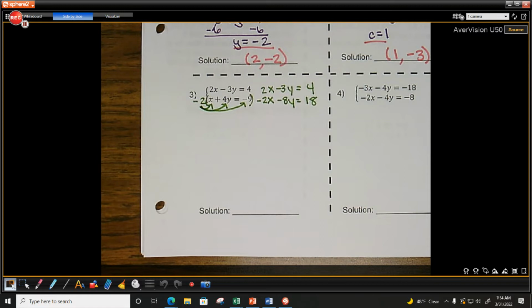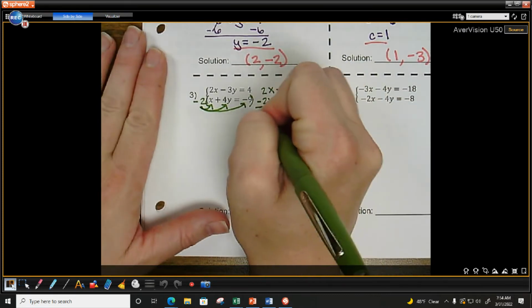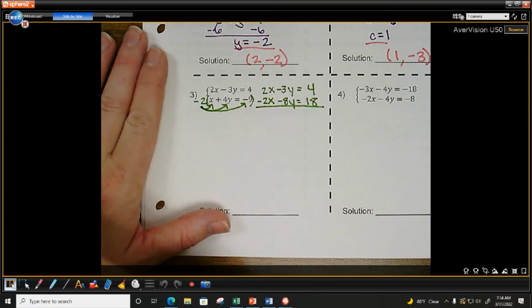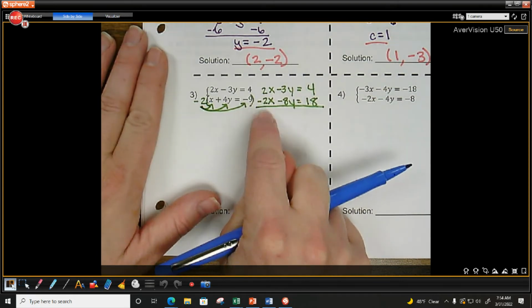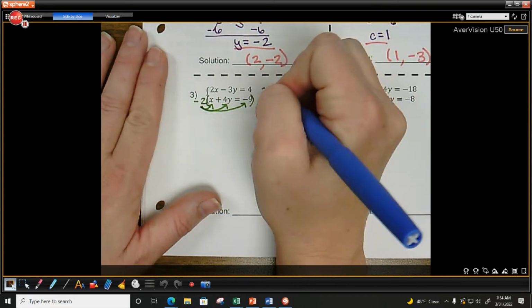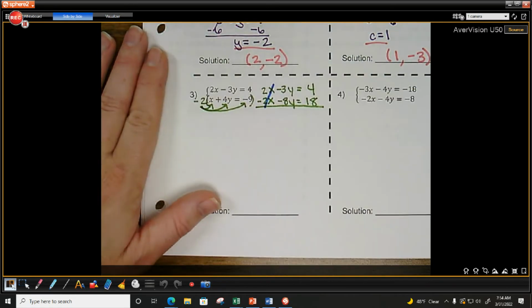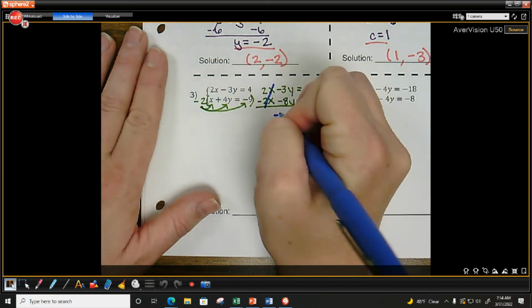Do I now have variables with the same coefficient but opposite signs? Yes. My x's have the same coefficient of 2. One's positive, one's negative, so it's ready to eliminate. What's 2x minus 2x? Negative 3y minus 8y. Negative 11y, very good.